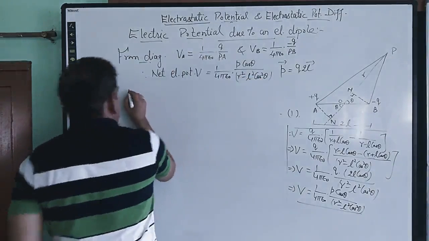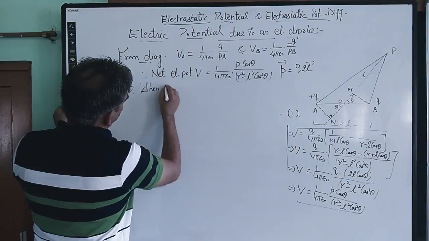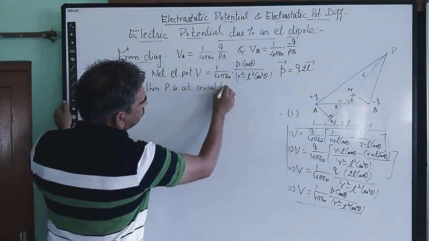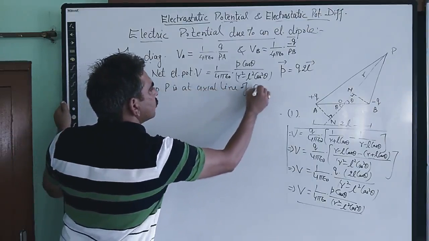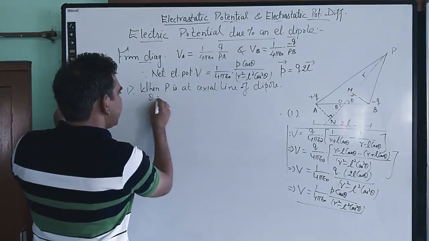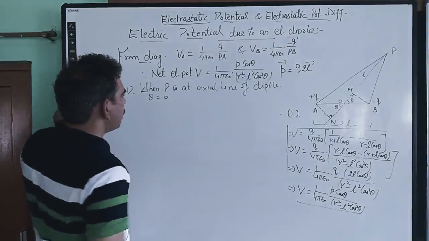So case 1 is when P is at the axial line of the dipole. In that case, theta will be equal to 0. If point P is on the axial line, theta comes out to be 0.